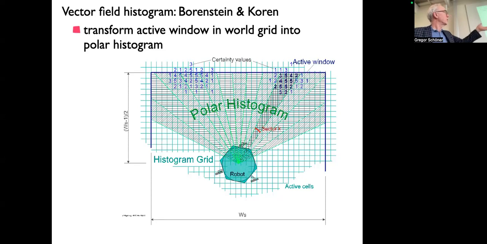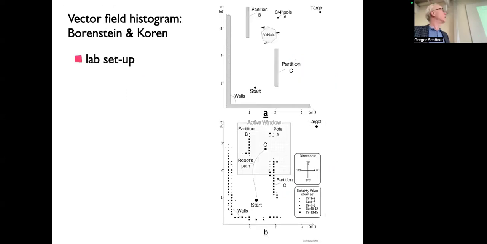And I think this I should have shown earlier. This is an example, what I originally wanted to show. This is where the counts start to build up if you actually have objects there. It's more likely you pick them up. And this is the example. They did that in their lab, indoors. They had a few things they built up here.